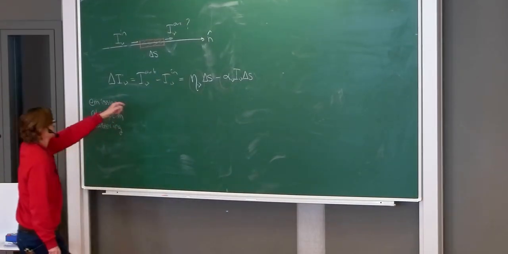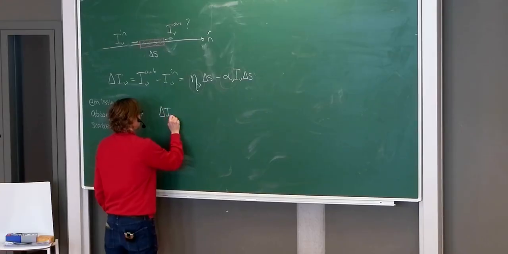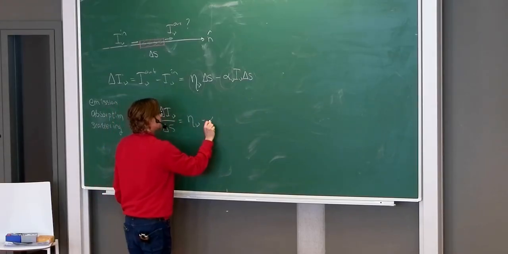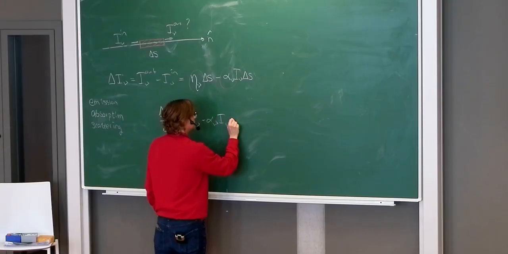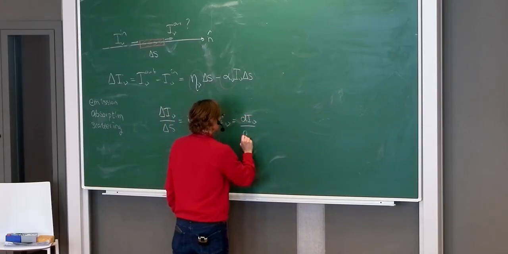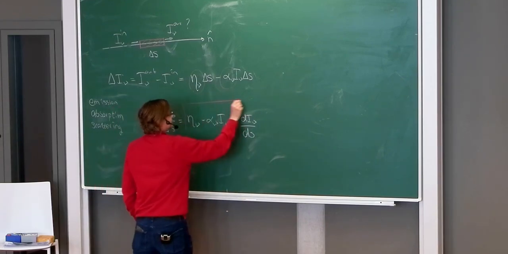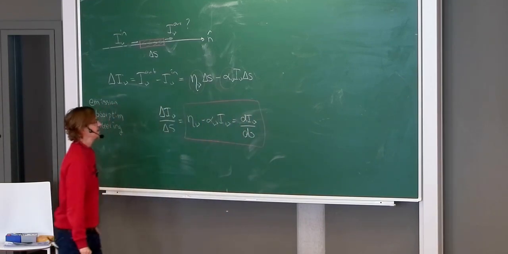So first, we can just rewrite this to say that delta I nu divided by delta S is eta nu minus alpha nu I nu.